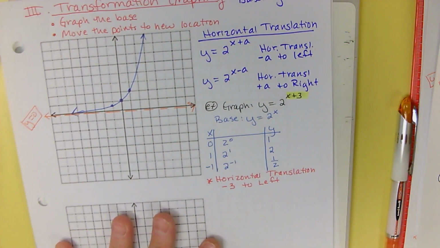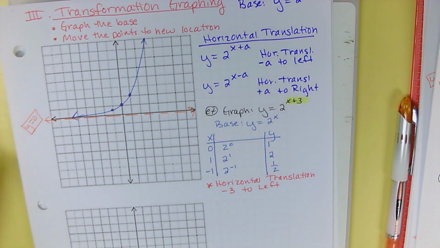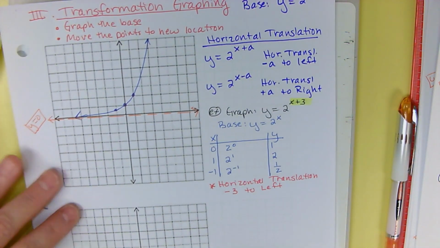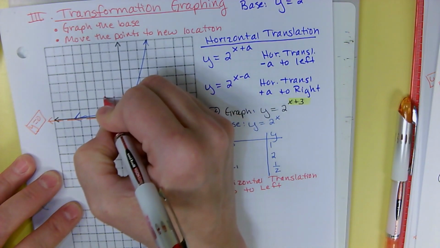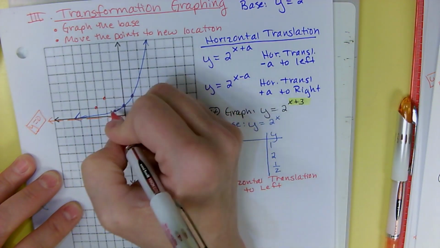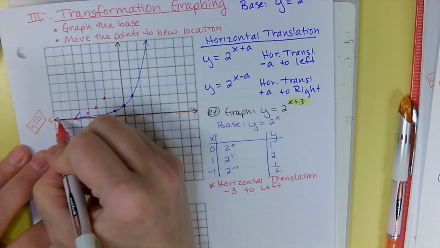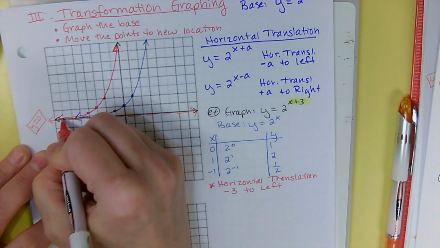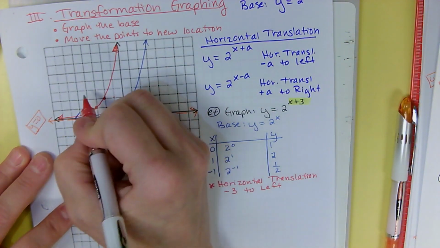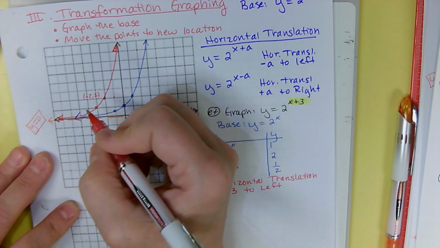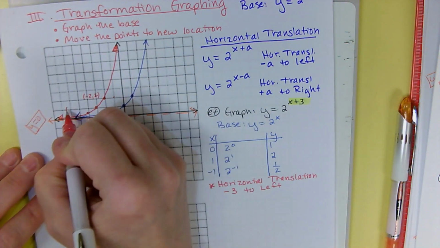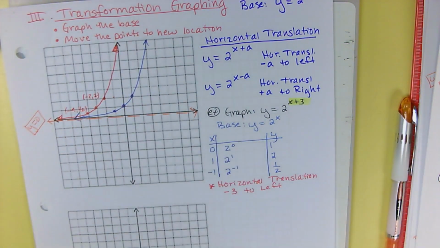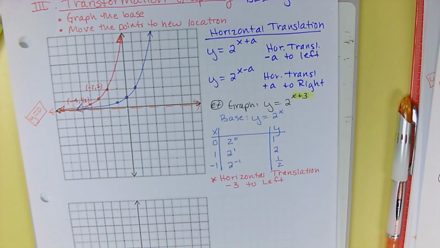Now, if you move to the left 3, what we're going to do is take our 3 points and just count 3 to the left. 1, 2, 3, 1, 2, 3, 1, 2, 3, and draw the new curve. This one is negative 2, 2. This one is negative 4 and 1/2. All right, so that's horizontal translation.